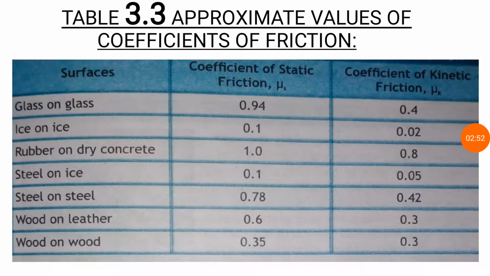Now glass on glass it is 0.94 and 0.4, ice on ice 0.1 and 0.02, rubber on dry concrete 1.0 and 0.8, steel on ice 0.1 and 0.05, steel on steel 0.78 and 0.42, wood on leather 0.6 and 0.3, while wood on wood is 0.35 and 0.3.